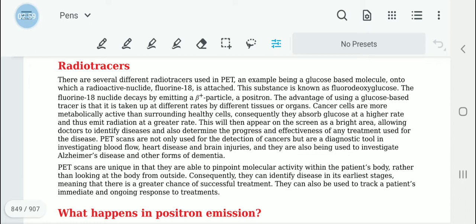They can be used to see if there is hemorrhage, that is, if there are any brain injuries, if there is any heart disease, if there is blood leaking out somewhere. And there are many different uses, including Alzheimer's disease and dementia, etc. So for many different diseases, these PET scans are used to diagnose the disease.